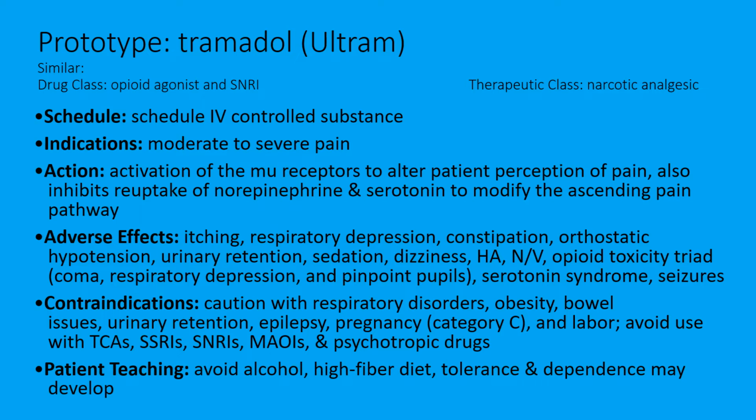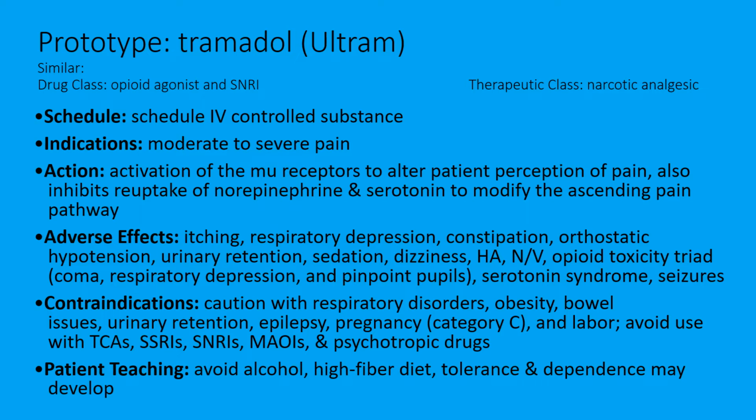Okay? And remember what someone looks like when they're toxic on an opioid. They have pinpoint pupils. So we always check the pupils if someone comes in unconscious, breathing very slowly. We see if their pupils are pinpoint, and if they are, we'll definitely suspect an opioid overdose.